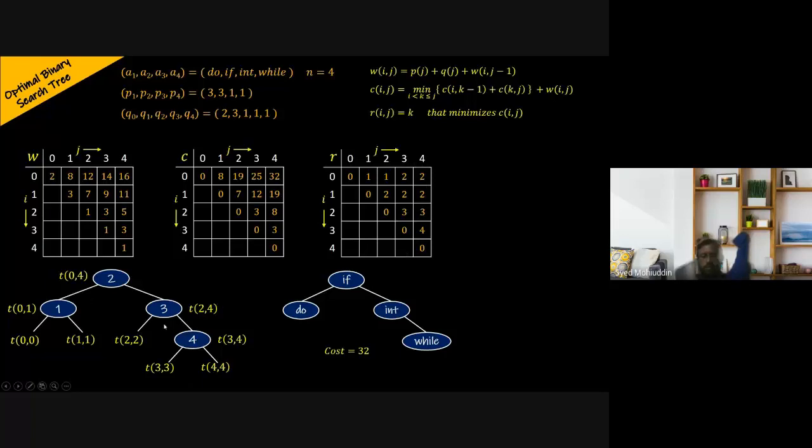So this way, using this root table, we can construct the actual tree, which is going to be the optimal binary search tree.